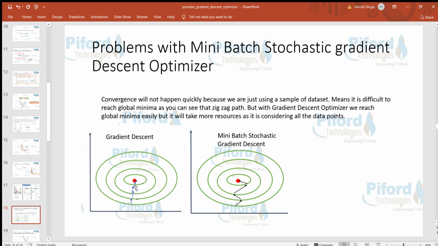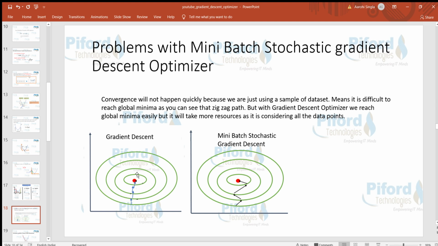We are reaching the optimal point very quickly and nicely. Why is this so? Because in the gradient descent optimizer, we are updating a weight after considering all the data points. Means on the basis of the full data set, we are calculating loss and updating the weight. So we are reaching the optimal point quickly and more accurately.